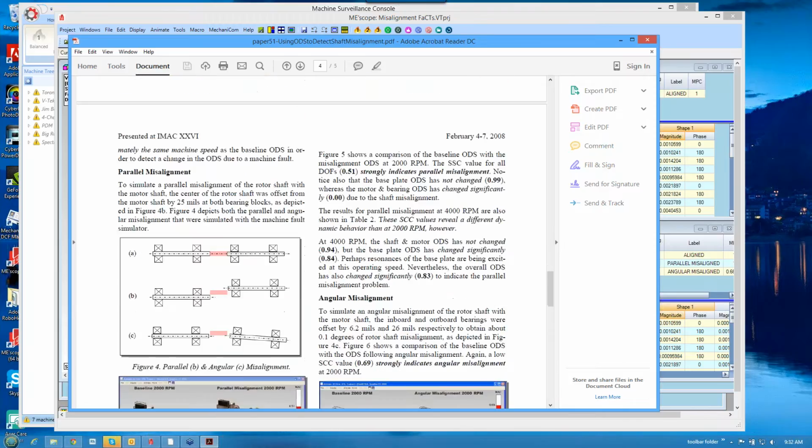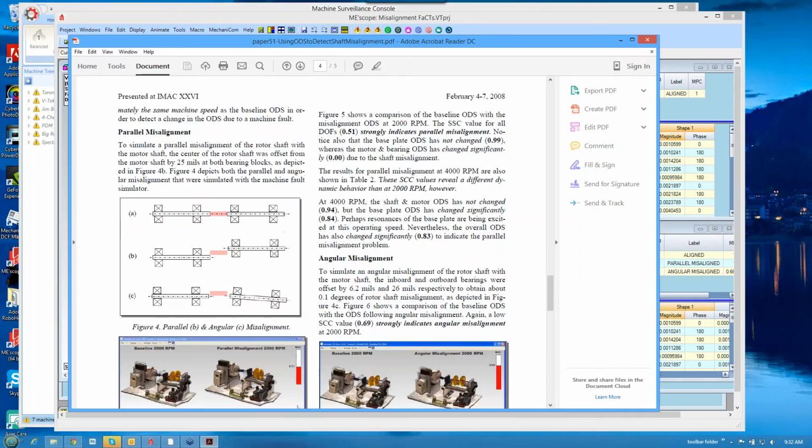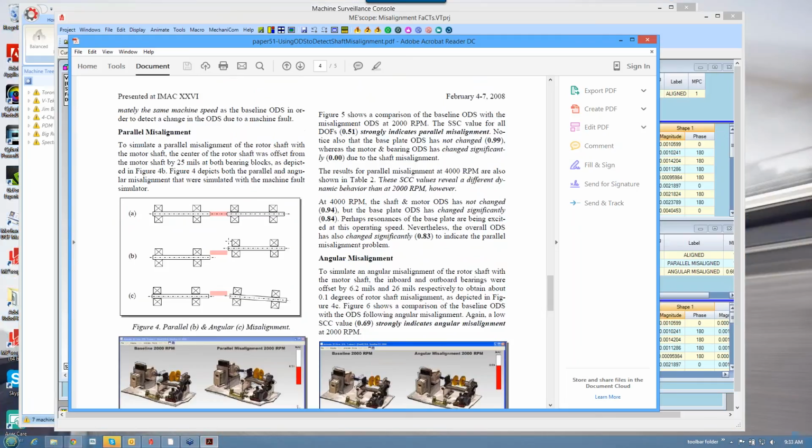All right, here are the different alignment cases. We had 3 of them where the motor and the rotor are aligned properly. Here's where they're misaligned, and this is called parallel misalignment in figure B, and then in figure C is angular misalignment.